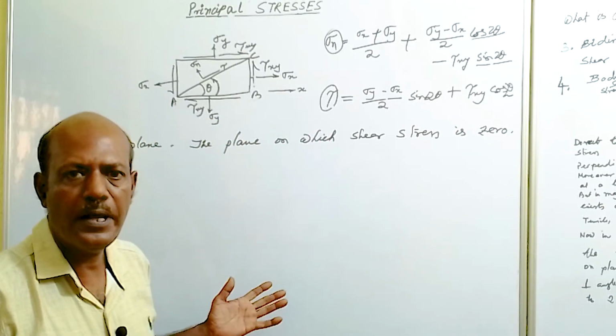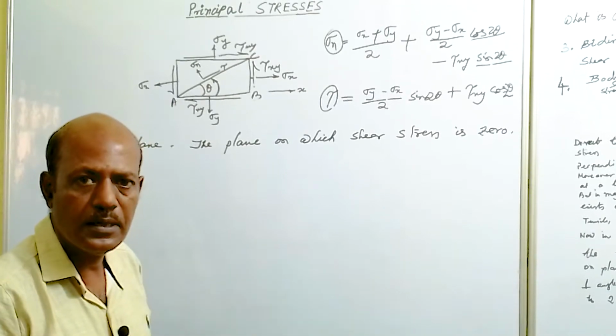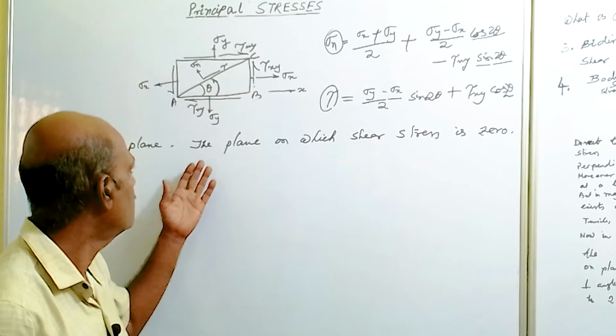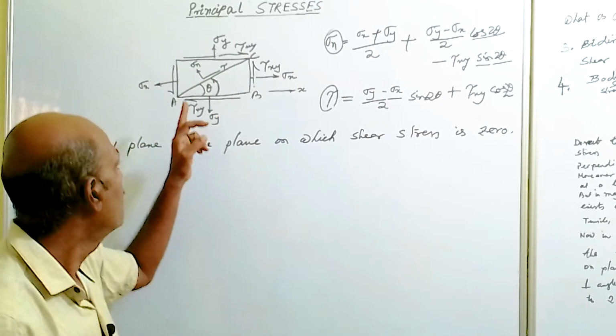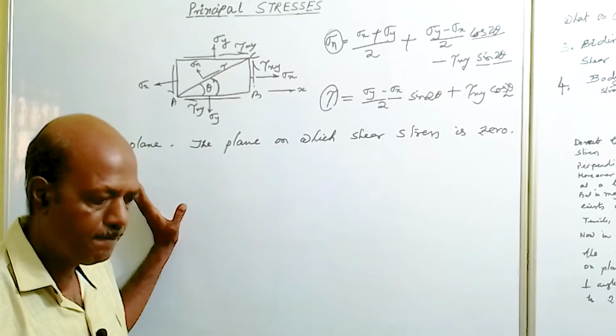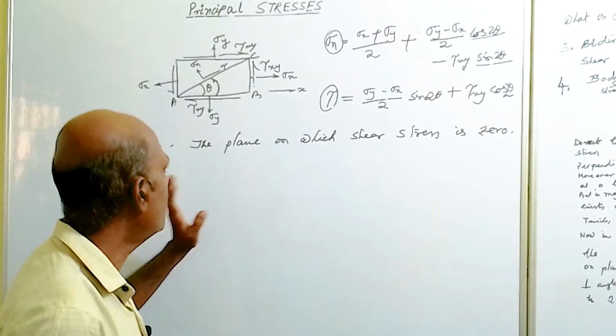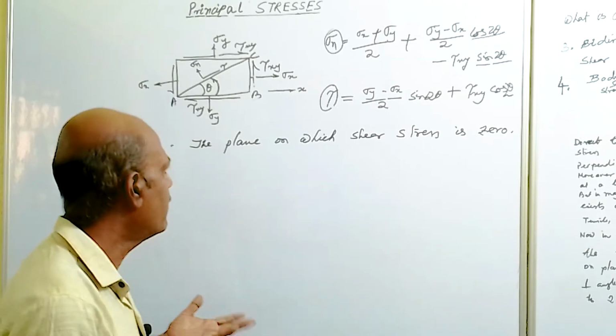On the principal plane only normal stress will exist. So shear stress is 0, and only normal stress will be there on that plane, which is known as the principal plane. Now, how to get that plane?